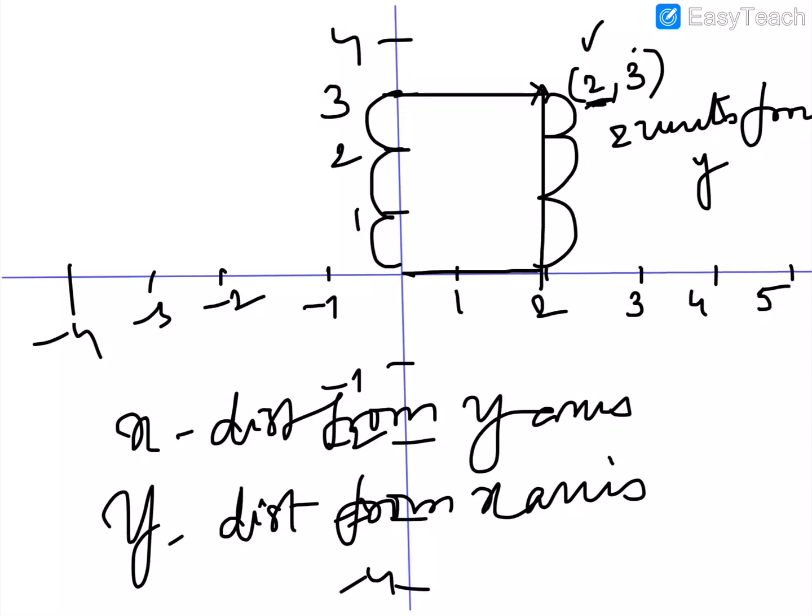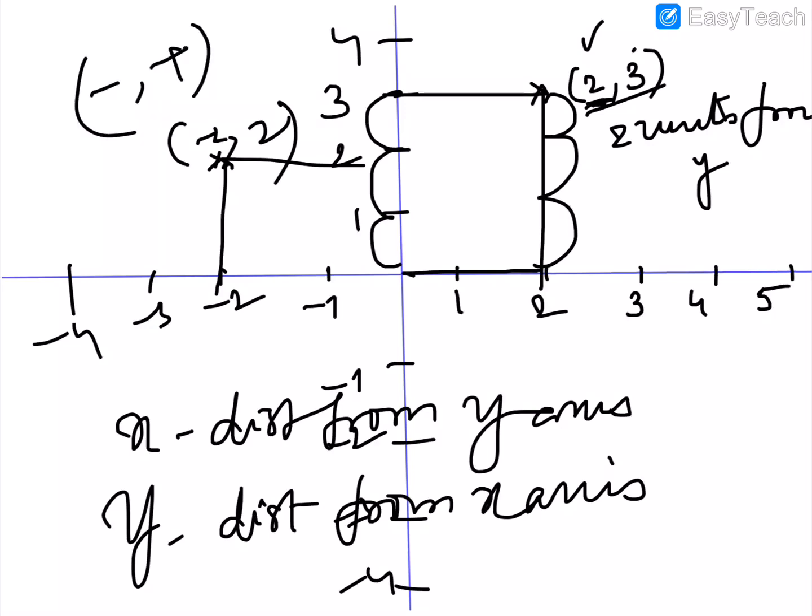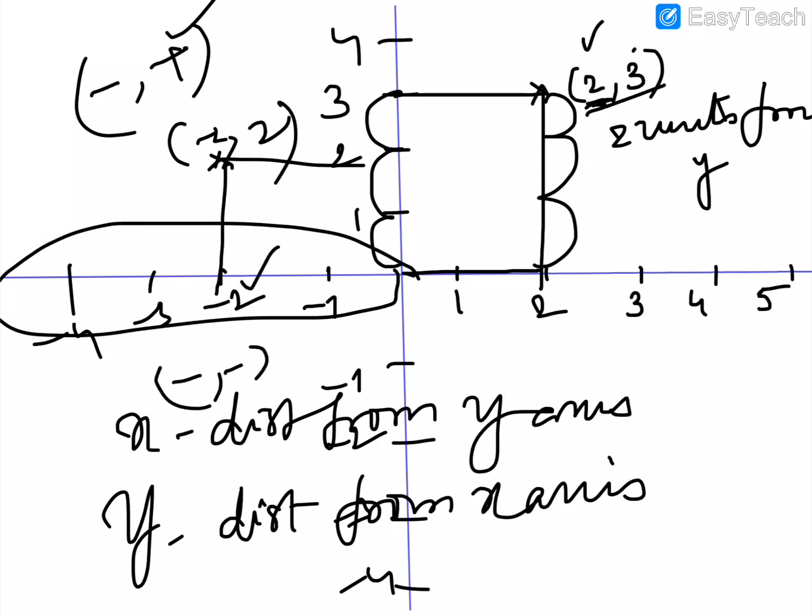Now here we have both positive values, whereas if you come here, let us take some point here. Which point is it coinciding with on x-axis? -2, and on y-axis +2. So in the second quadrant, x is negative and y is positive. Similarly in the third quadrant, both are negative.